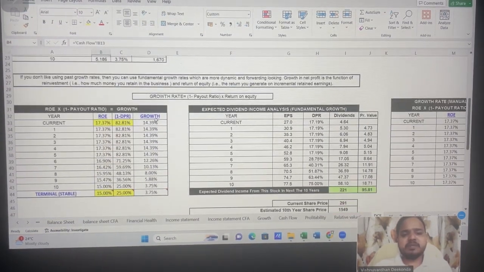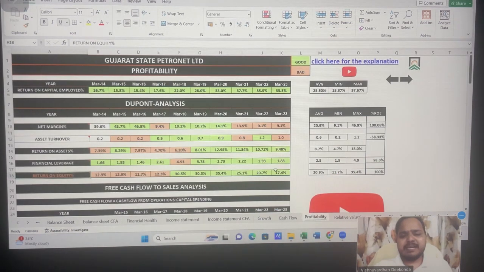Coming to the growth of the company, for return on equity I am taking the current number, that is 17.4. I could have made one small adjustment: because the current margins are lower and going forward the margins will improve, I can take this 20.9 as return on equity.